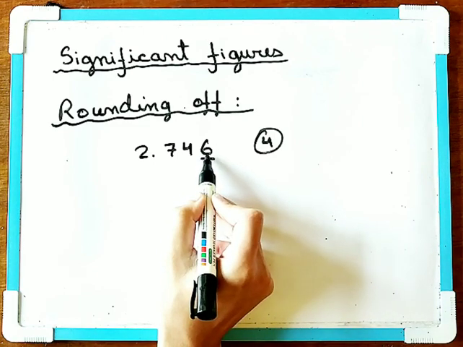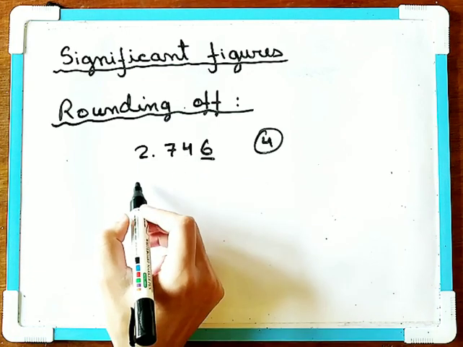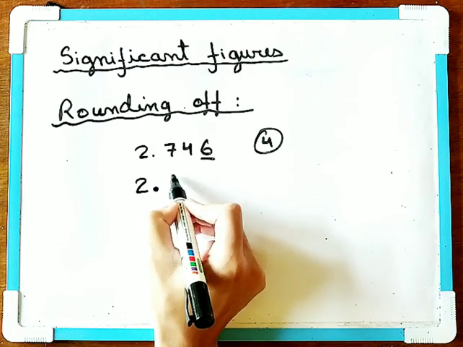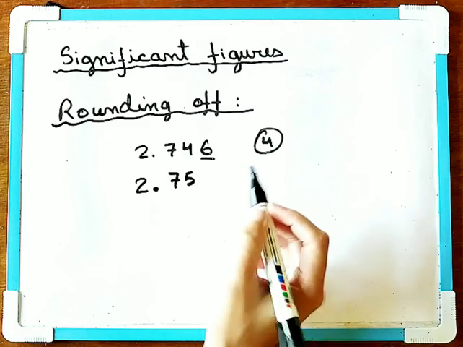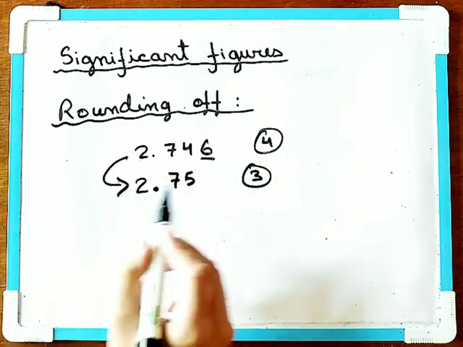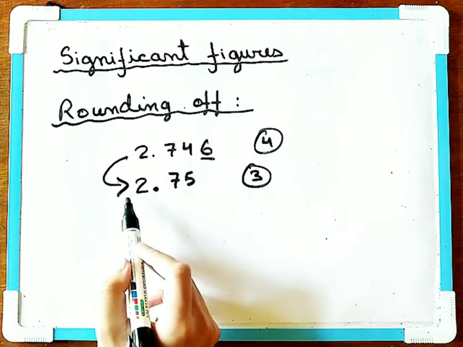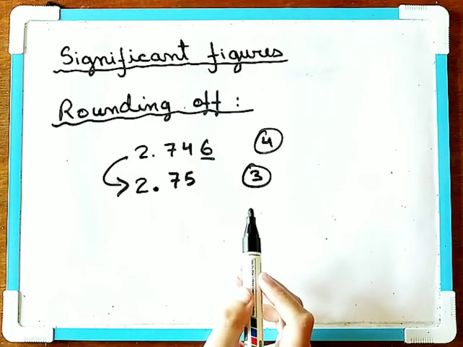Since this 6 is greater than 5, what we have to do is add 1 to this 4 here, and you'll get 5. So this is rounded off to 3 significant figures. From 4 significant figures, we have rounded off to 3 significant figures. So that is how you round it off.